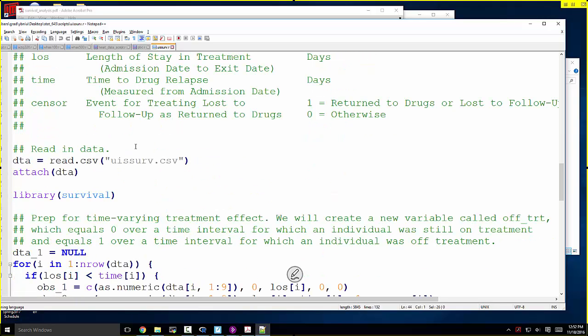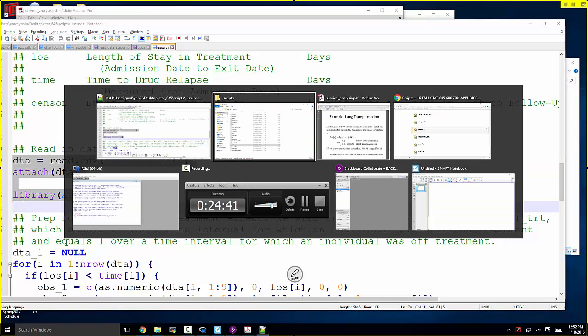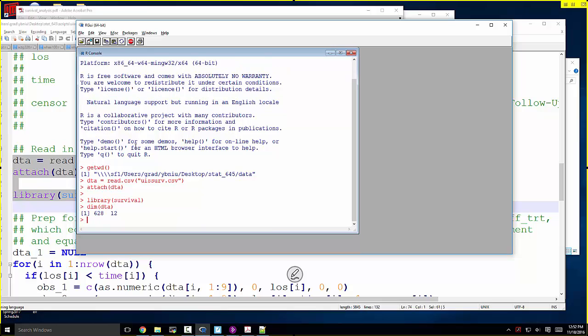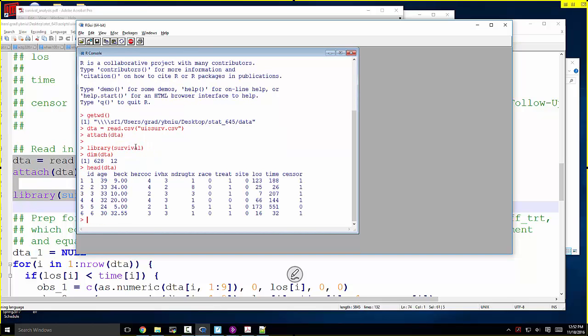Okay, let's read in the data and have a peek. We have 628 individuals. Here are the first few rows. ID variable tells us a unique identifier. Age is age in years. Depression, heroin, cocaine.